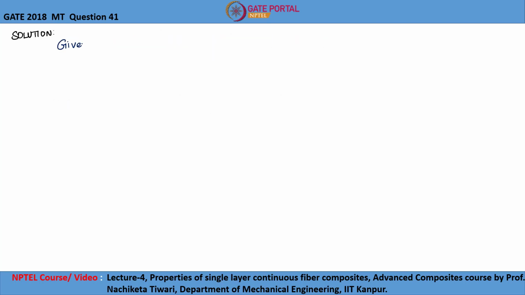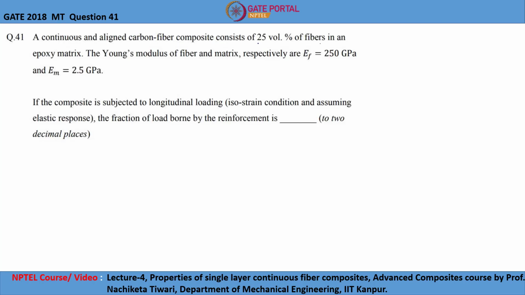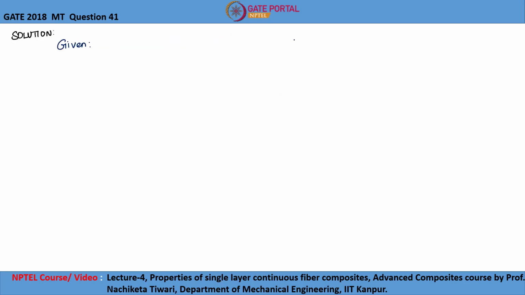So let us write down the data. It is given that the volume percentage of fibers is 25 volume percentage. That is Vf is equal to 0.25, from which we can find the volume fraction of matrix, which is 1 minus 0.25, which will be equal to 0.75.